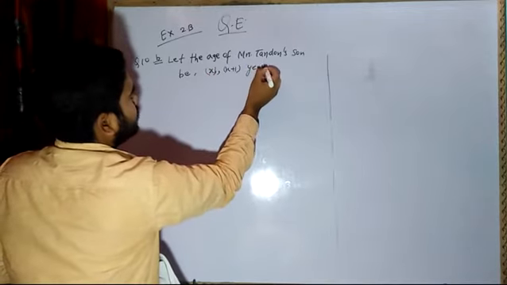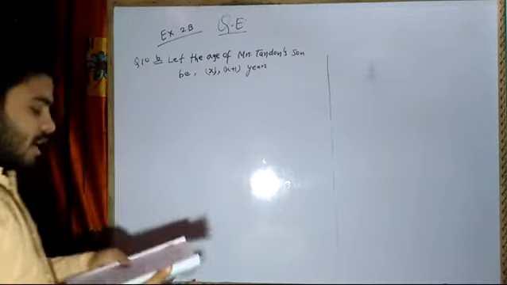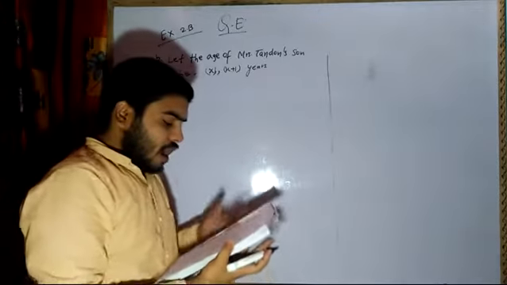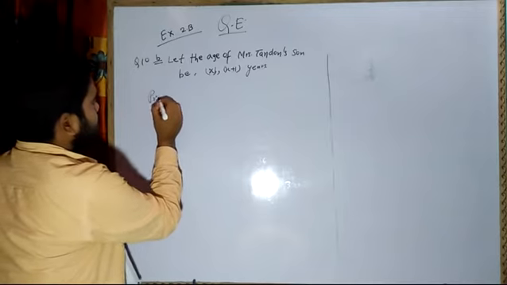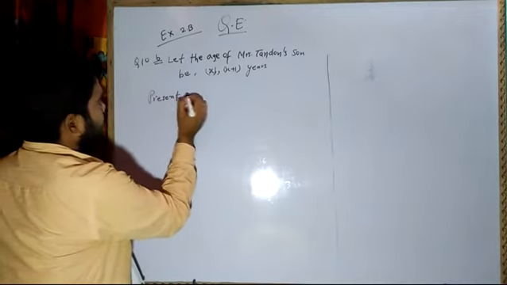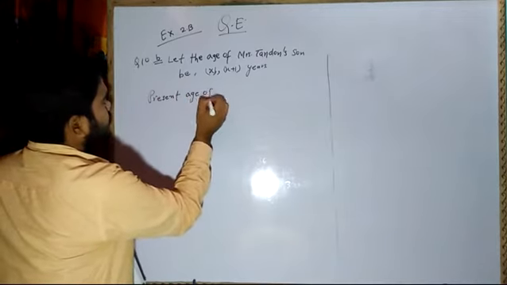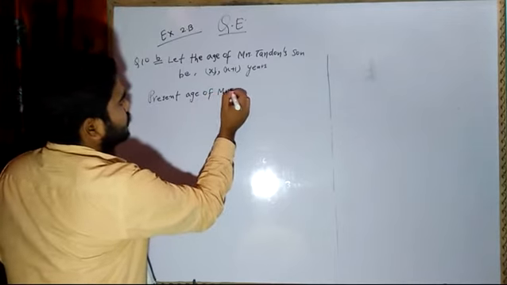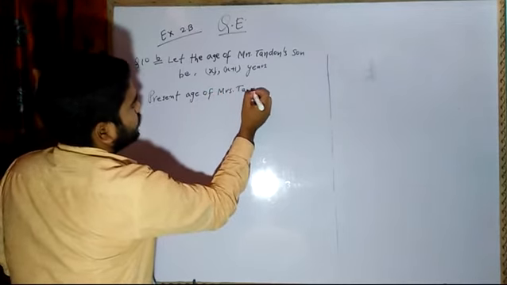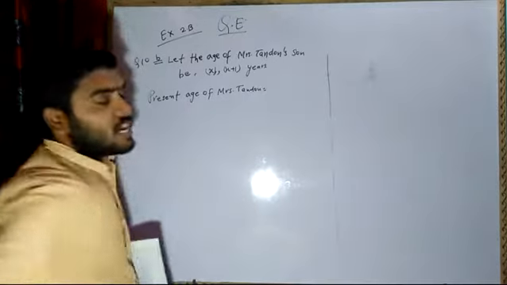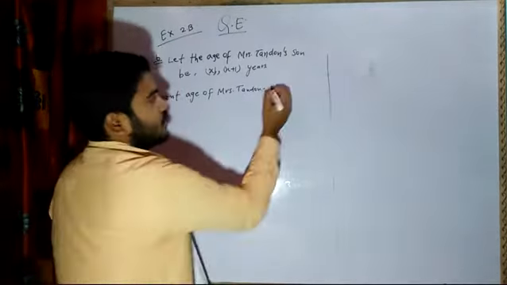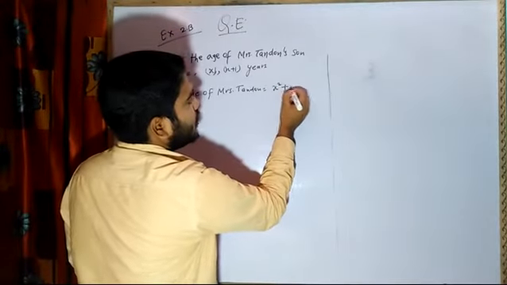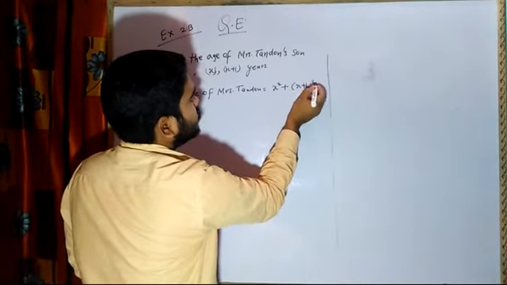Now as per the question, the present age of Mrs. Tandon is equal to the sum of the squares of their ages. Sum of the squares means x square and then x plus 1 whole square.